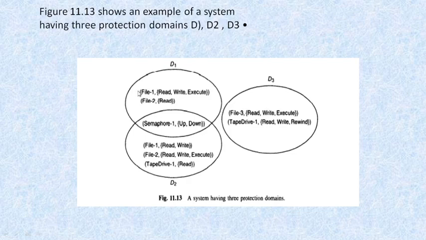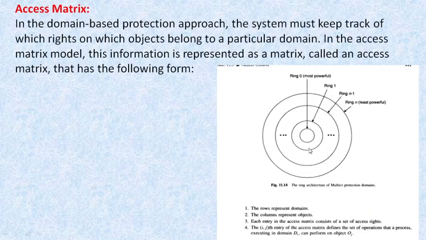Depending upon access rights, operations will be executed. In this pattern, domain D1 has file 1, file 2 and semaphore 1. These two files also exist in domain D2, but with different access rights. And domain D3 has file 3 with read, write and execute permissions. So this is a system having three protection domains.